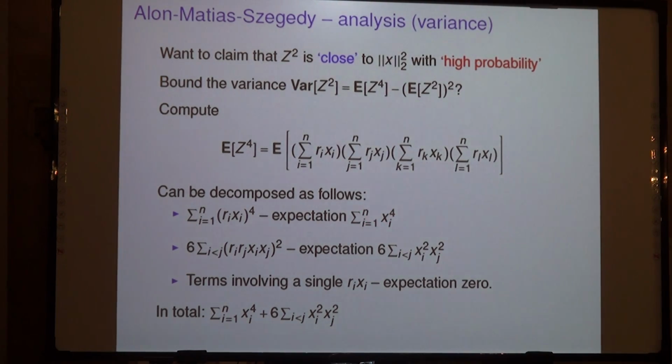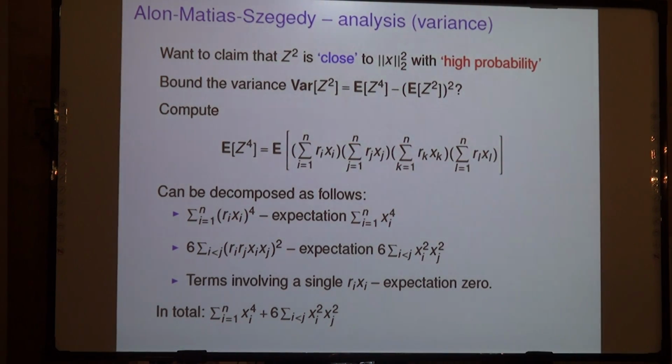The other type of terms is the cross terms, where there are two distinct elements, i and j, and they appear with power 2. The powers have to sum up to 4. A simple but careful counting will reveal exactly how many terms of this type you have. It's a summation over i strictly less than j of Ri, Rj, xi, xj, the whole thing squared, and there are 6 such terms. You just do some counting.